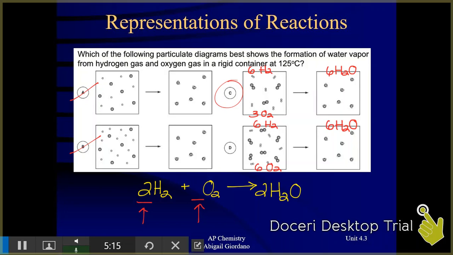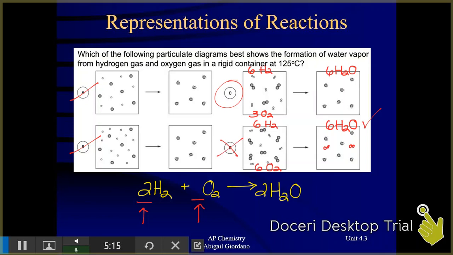Okay, if letter D were to react, we would get 6 water molecules, we would, but there would also be some leftover oxygen floating around in the container, and I can see that there isn't. So letter D is not what occurred.